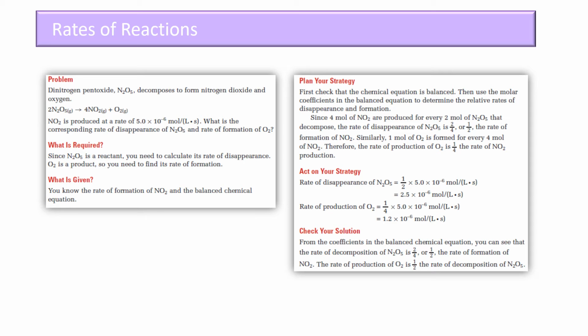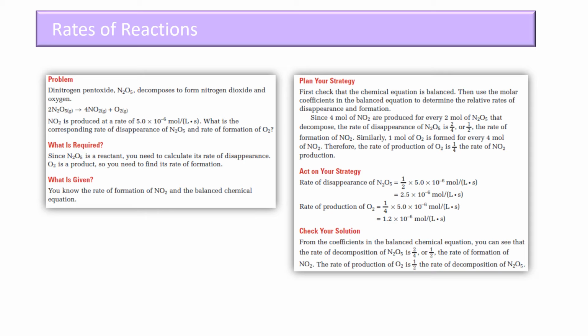Well, you know the rate of formation of NO2 and the balanced chemical equation. So let's plan our strategy for solving this. First, check that the chemical equation is balanced. Then use the molar coefficients in the balanced equation to determine the relative rates of disappearance and formation.